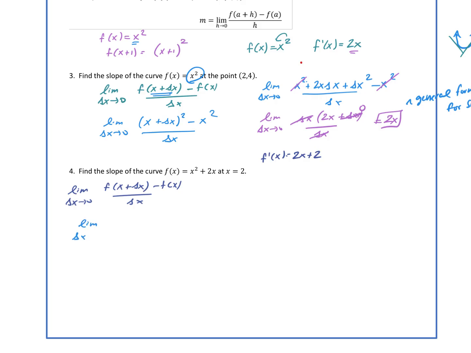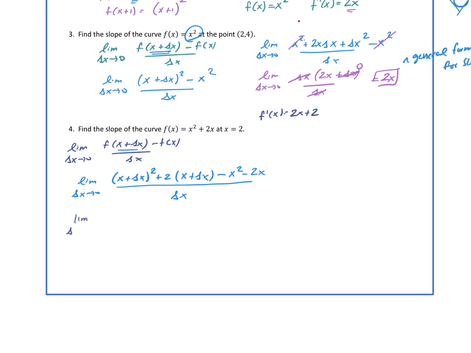So I'm going to plug in this. So it's x plus delta x squared plus 2 times x plus delta x minus f of x, so minus x squared minus 2x, all over delta x.